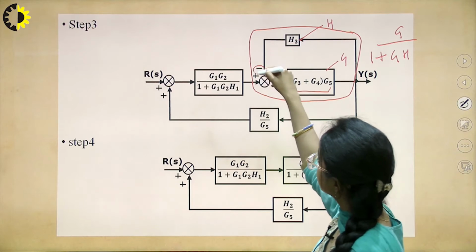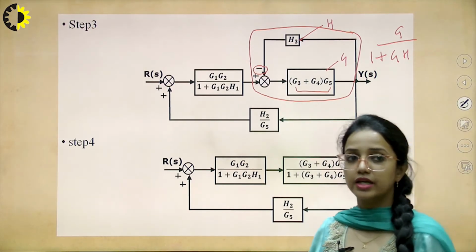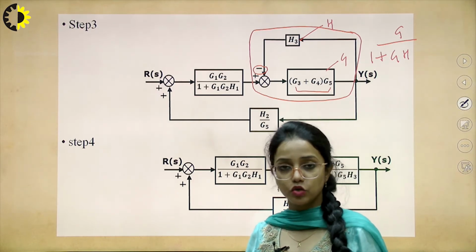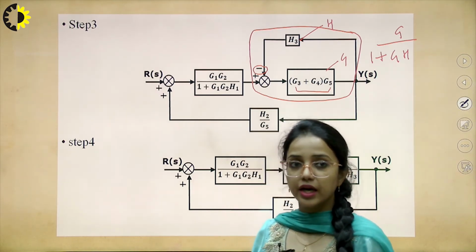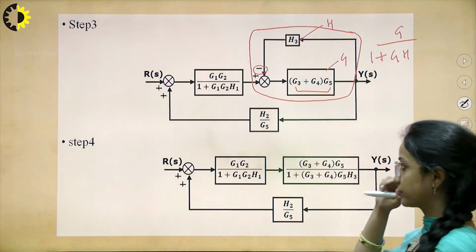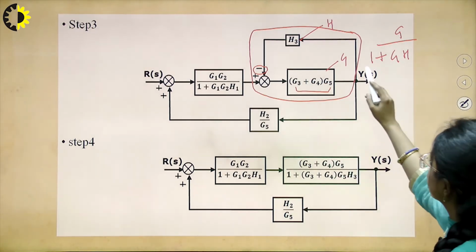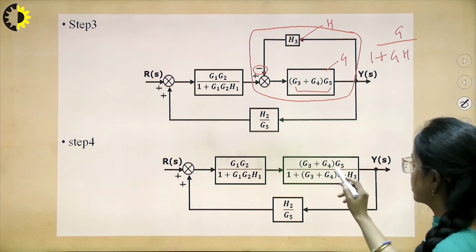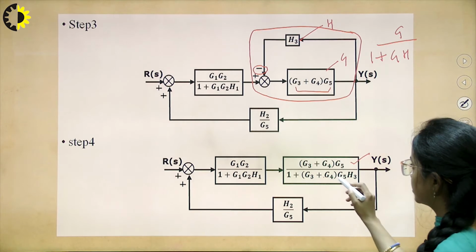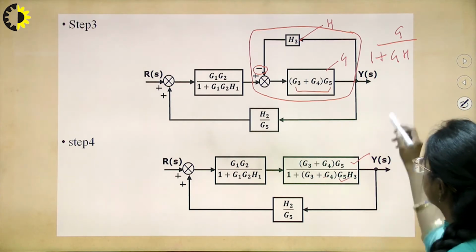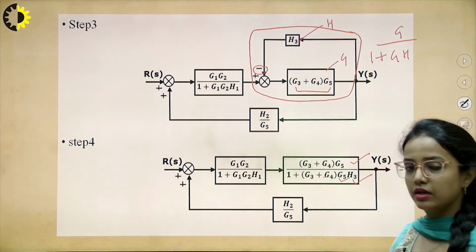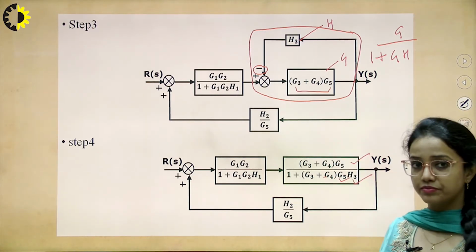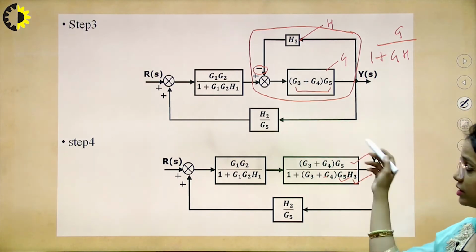Because this negative sign tells me that this is a case of negative feedback, where the feedback path is entering the summation with a negative sign. So G will be replaced by G3 plus G4 into G5, and H will be replaced by H3. So this is the overall reduction of the negative feedback loop.